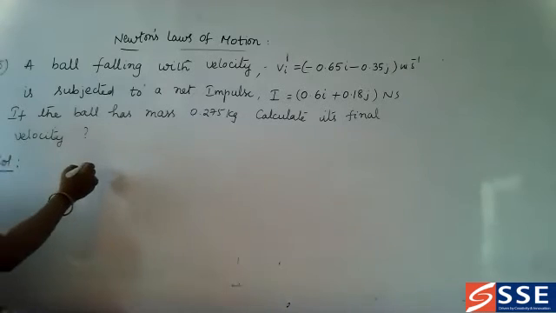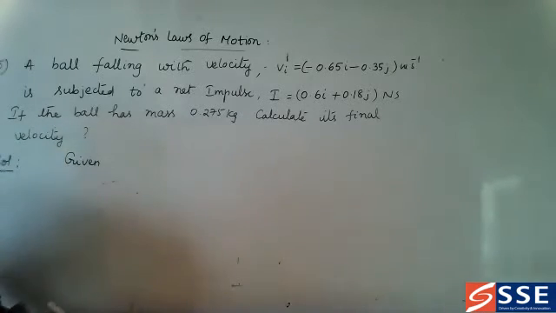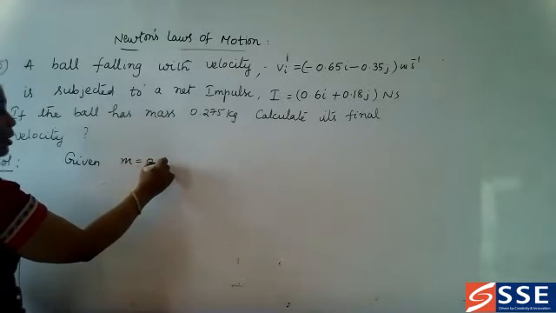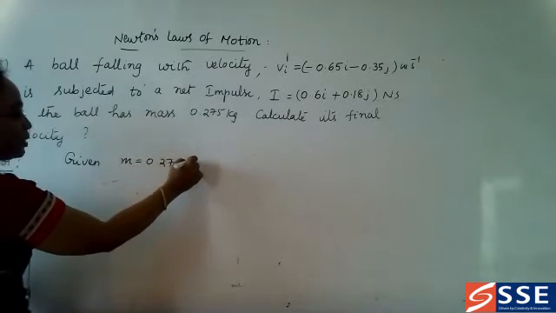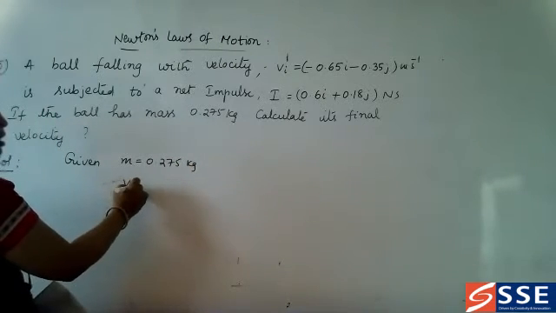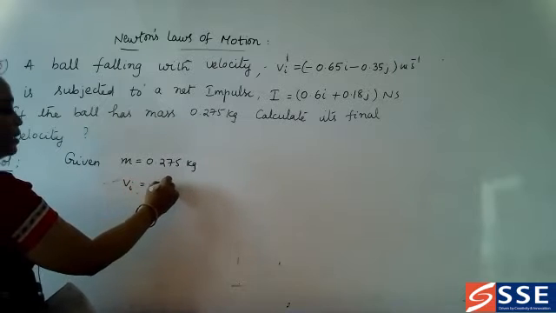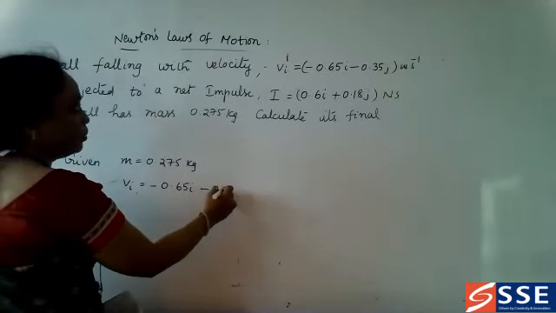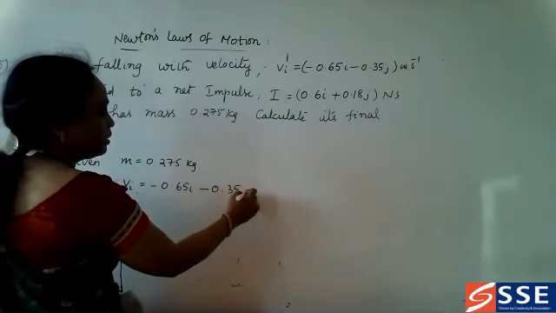First of all, we have to write the given. What are the important points we can remember? Mass is 0.275 kg. Vi is equal to minus 0.65 i minus 0.35 j.